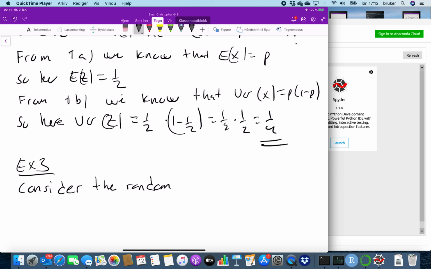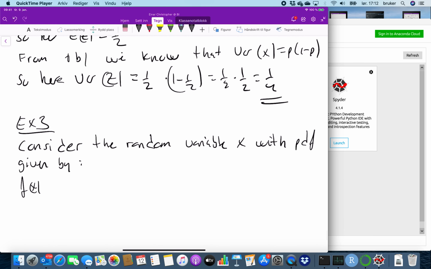And here we have to consider the random variable x with probability density function given by density function f of x equal 1 divided on b minus a when x is greater or equal a and x less or equal b, and 0 otherwise.